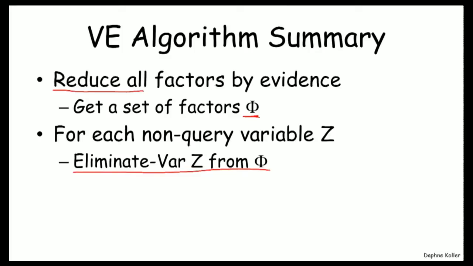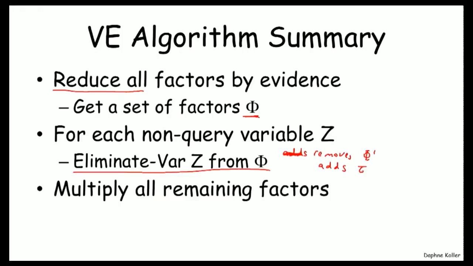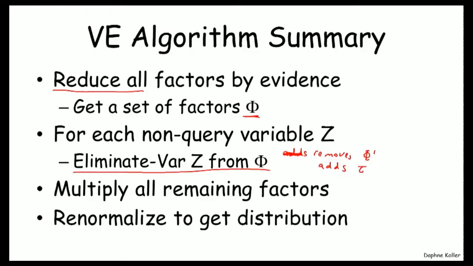It starts by removing factors, the phi prime from the previous line, and it adds a new factor tau. And then finally, at the very end, when all variables have been eliminated, there may be one or more factors remaining. At that point, we multiply all of the remaining factors, and then we normalize to get a distribution.